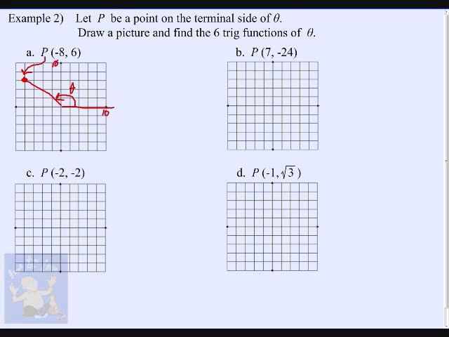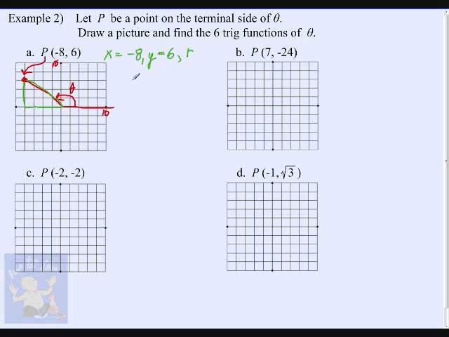Let me draw the triangle that's associated with it in a different color. So we've got, oh, that's terrible. I have to redo it. There's my y, there's my x, and there's my r, right? So I've got an x, which is -8, a y, which is a +6, and an r, which I have to figure out.